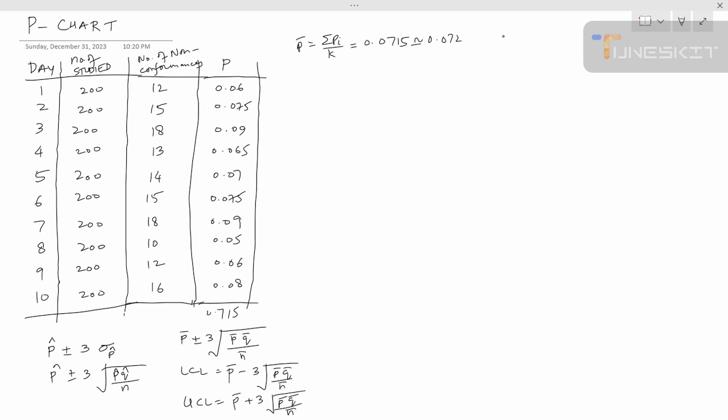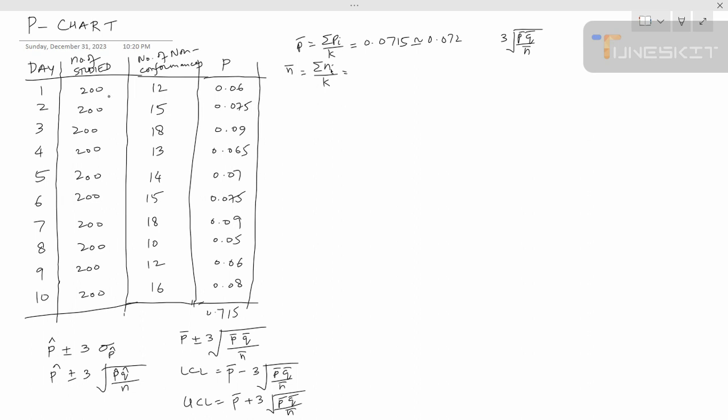For this, it is better if we work out the factor that is to be added and subtracted. Here n bar will be equal to the summation of n i values, the number of items we checked on each day, divided by the total number of days.